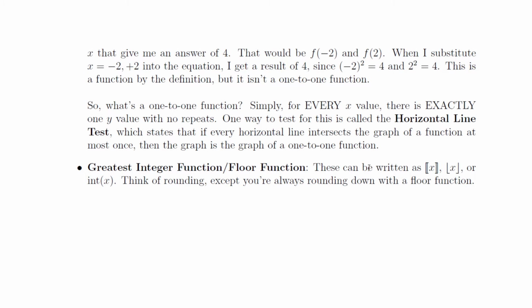The floor function basically means that unless you're sitting specifically on an integer value, so 1, 2, 3, 4, 5, if you've got any decimal point, you're always going to round down, no matter what. You could have 4.9999999, but the floor function of that number means you round it down. That's literally all the greatest integer function or floor function is. That's it. Take whatever decimal you get, floor function it, you round it down.